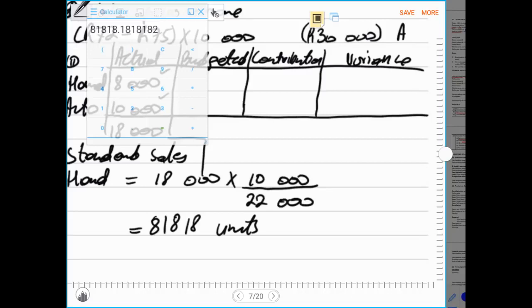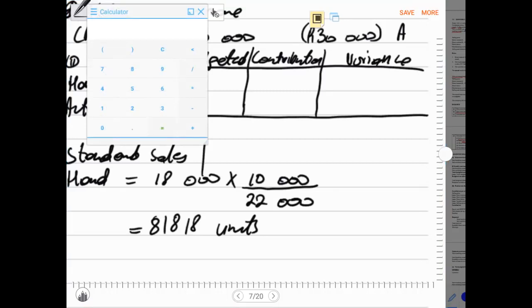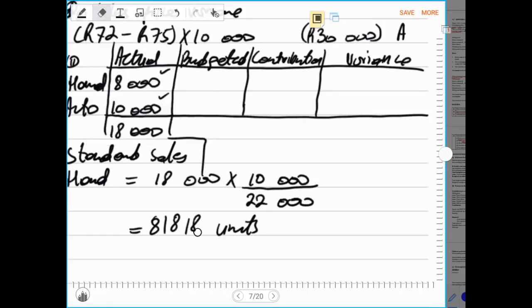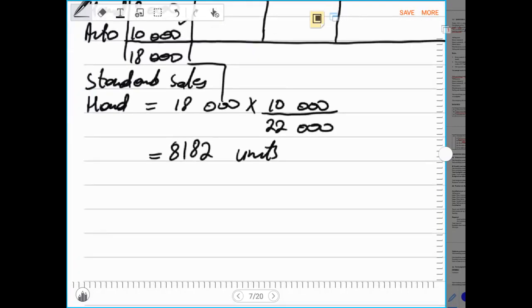Let me just recalculate that. We have 18,000 times 10,000, divide by 22,000. This gives us 8,182 units.